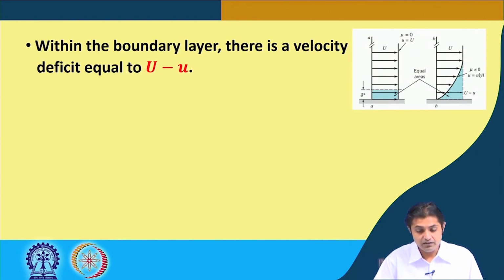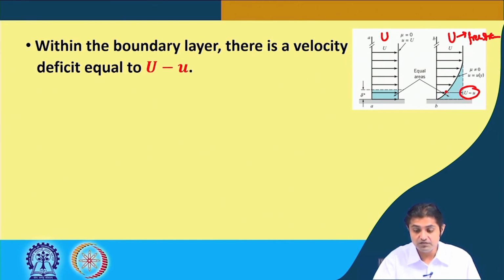Within the boundary layer there is a velocity deficit. So, this is the boundary layer. Capital U is the uniform velocity profile, here also the free stream velocity is the same, but say at this distance if the velocity is small u, then the deficit of the velocity is capital U minus small u.